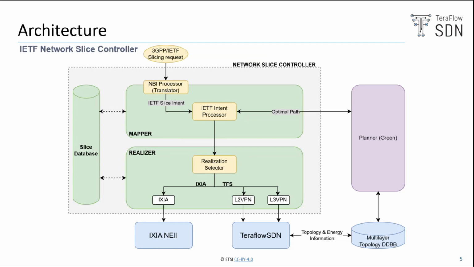Also, the NBI has been improved to gather the information coming from the northbound systems from 3GPP or IETF. And we also included a planner component that does some initial planning computations for green matters.